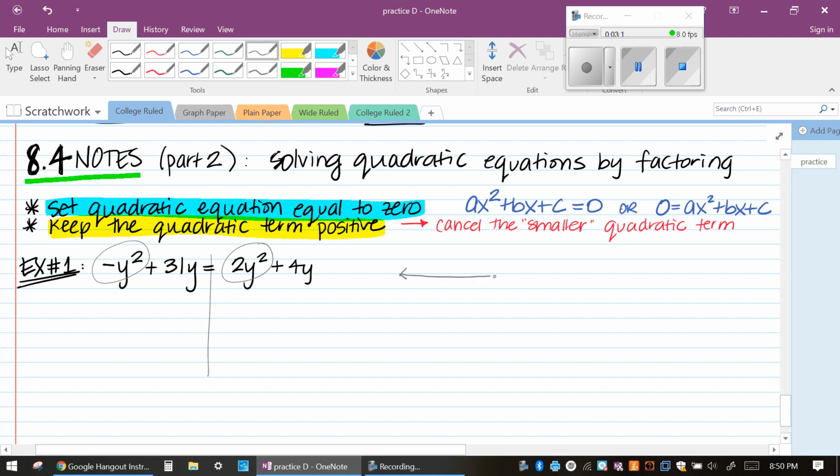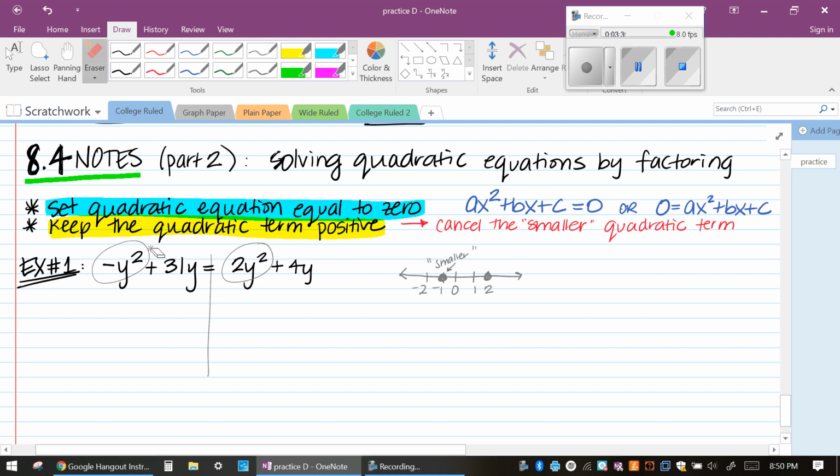When I ask you to move the smaller one, I'm asking you to think about a number line. -1 y squared is smaller than +2 y squared because -1 is smaller than 2. And by smaller, I mean has a lesser value.